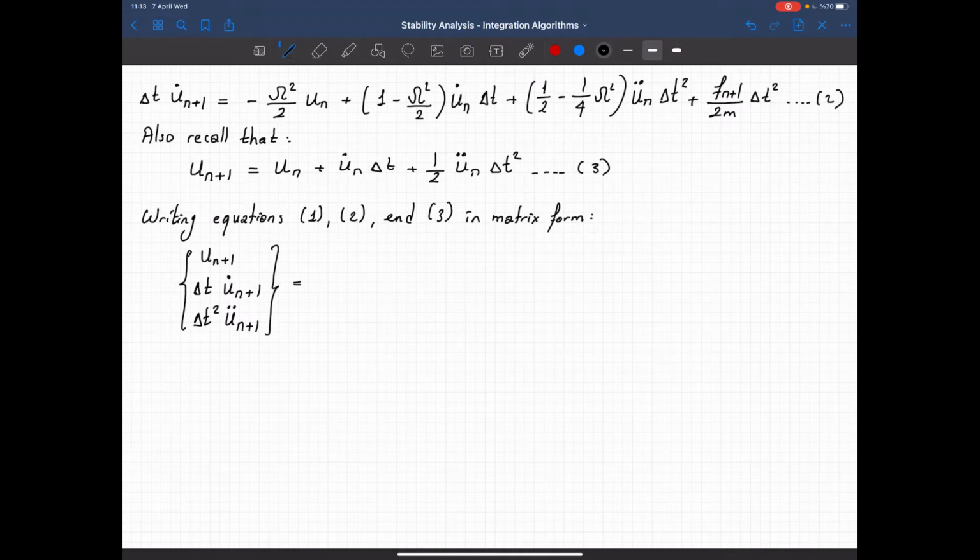That's equal to: we have 1 here, 1 over 2 minus omega squared over 2, 1 minus omega squared over 2, and 1 over 2 minus omega squared over 4.